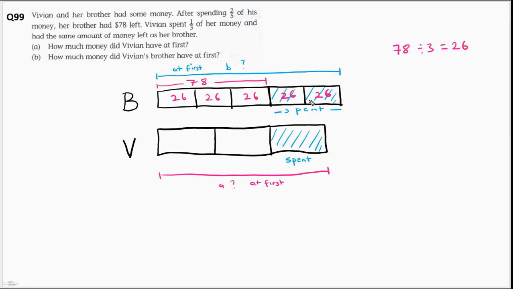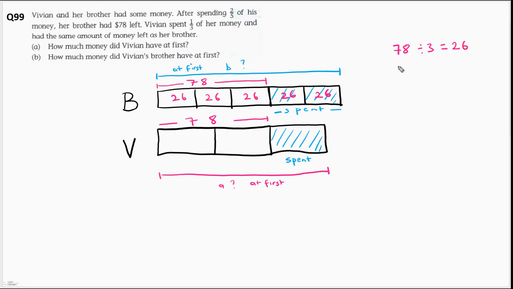Okay, so where are we? Well, if Vivian had the same amount of money left as her brother, then this also has a value of 78, doesn't it? But these parts are different to these parts. I haven't bothered to make them all the same because I don't think there's any need to.